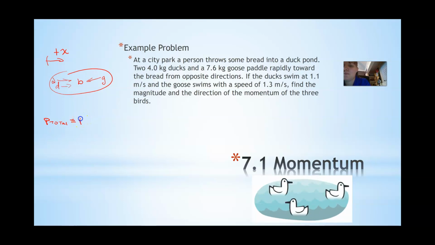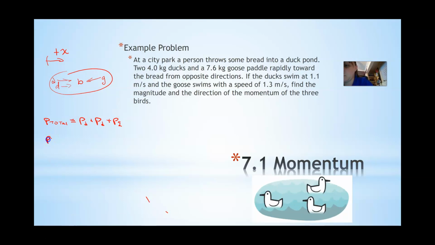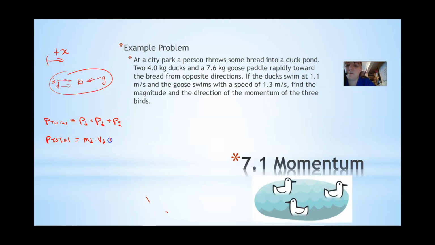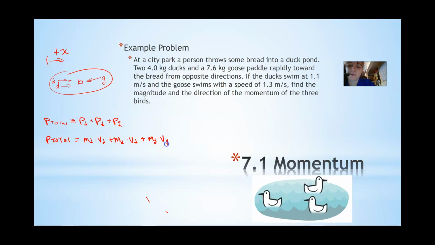That's the momentum of the first duck plus the momentum of the second duck plus the momentum of the goose. We also know that momentum was mass times velocity, so we can continue to expand this equation. My P total is equal to the mass of the duck times the velocity of the duck, plus the mass of the duck times the velocity of the duck, plus the mass of the goose times the velocity of the goose.